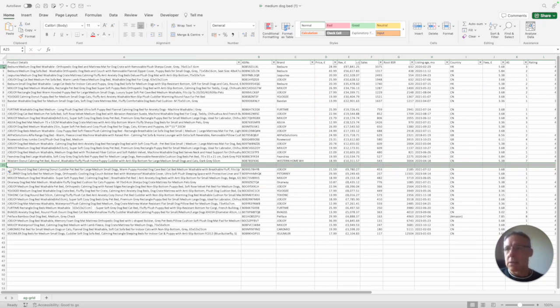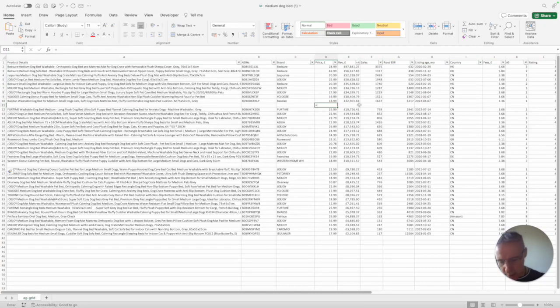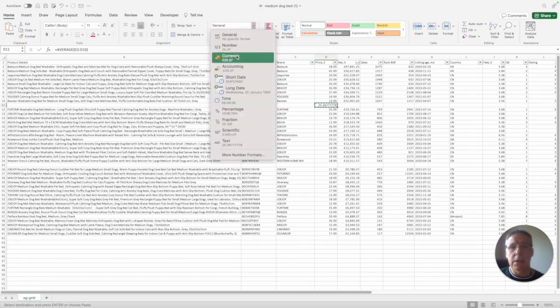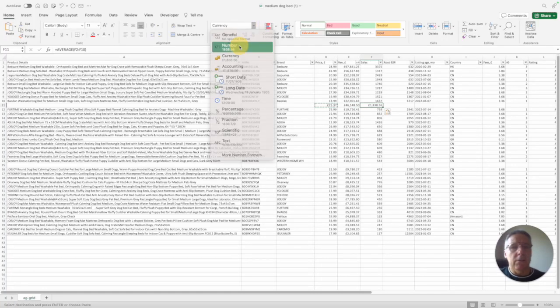So here's the high sales market, and what I'm going to be doing is I'm going to now be doing some averages of this. So I'm going to look at the average market, and I'm going to make that currency. I'm going to look at average sales, average units. That's obviously not a currency.